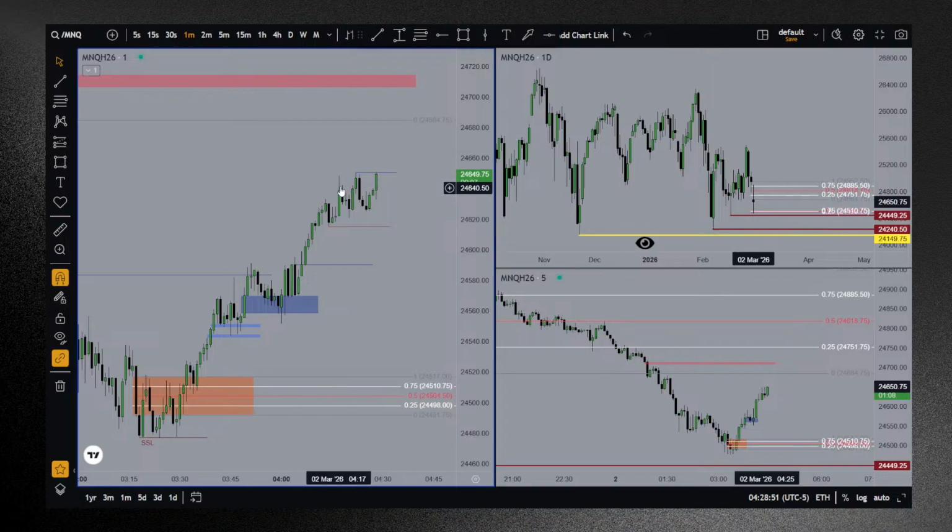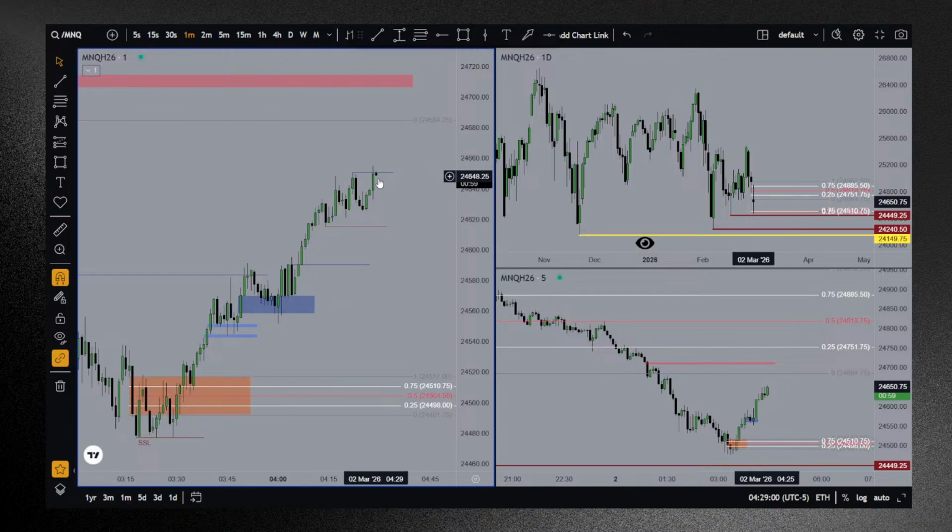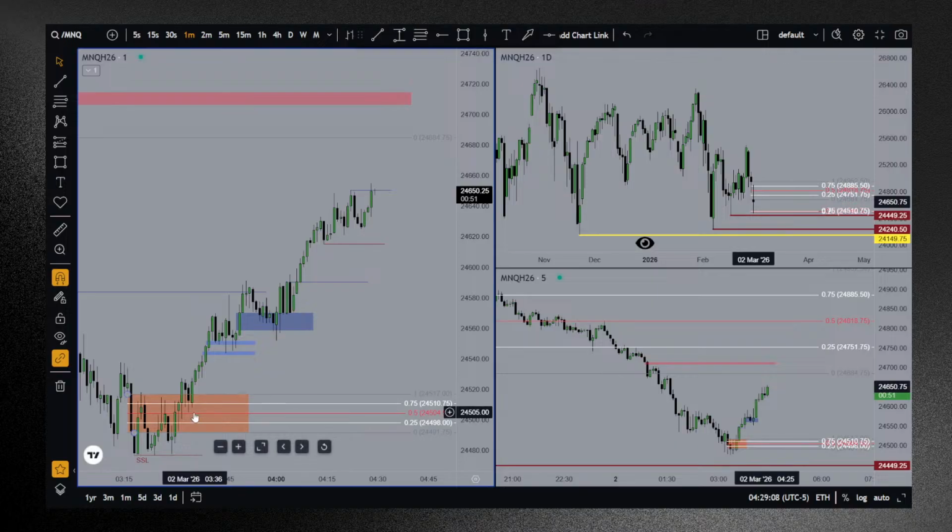So 1, 2, 3, 4 higher highs in a row, while no sell side liquidity was taken on the downside, meaning they are really taking this to premium, like really willing to take it high.